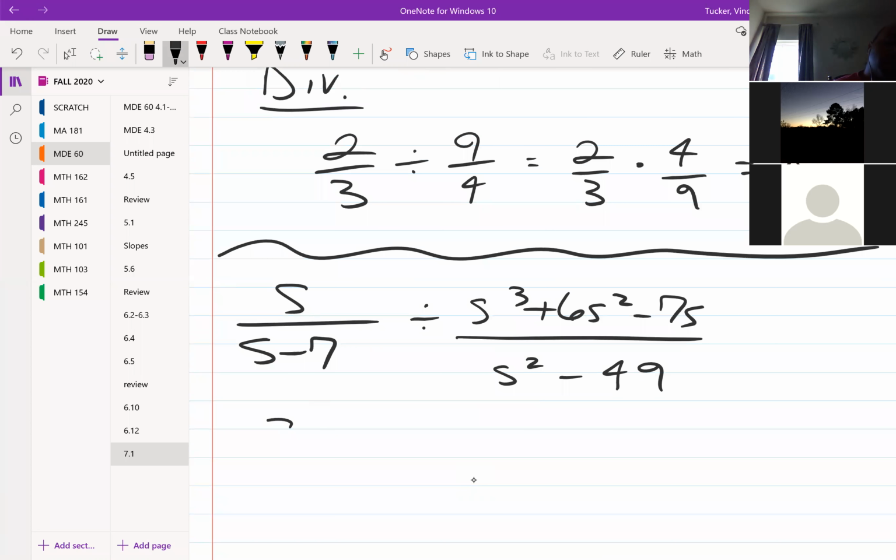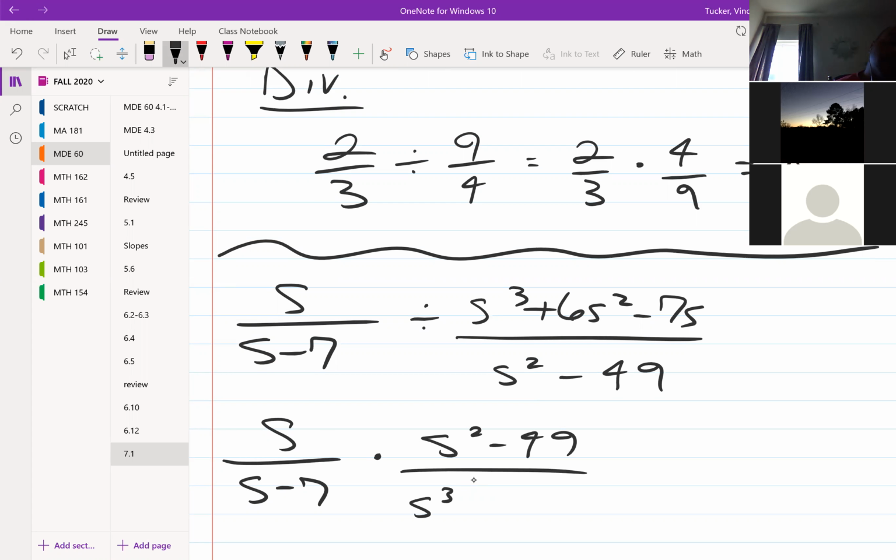I always suggest that before you start factoring, you go ahead and flip the fraction accordingly. Cuts down on confusion. Go ahead and change it to multiplication and deal with it from there. So division changes to multiplication, and that fraction that follows it is flipped.